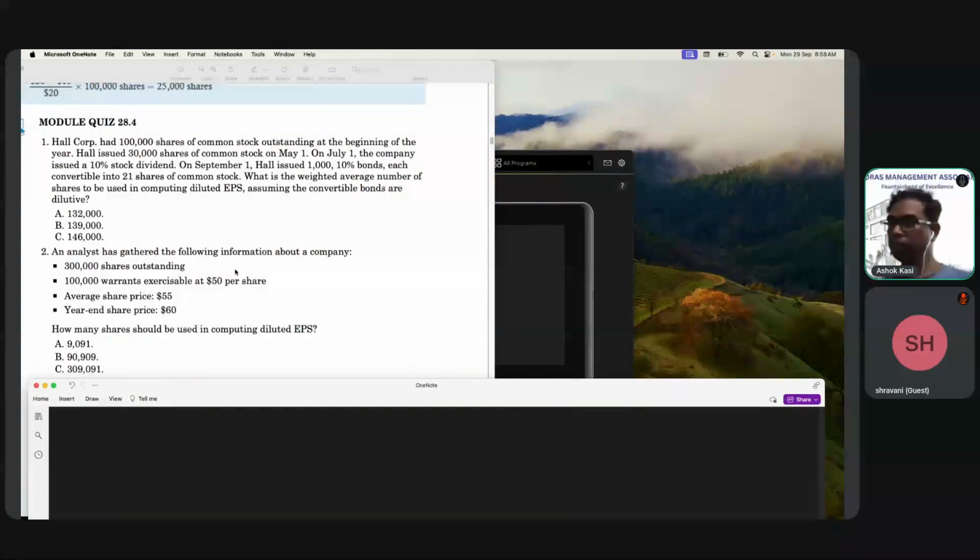An analyst has gathered the following information about a company. How many shares should be used in computing diluted EPS? That means we have to calculate the weighted average number of shares.